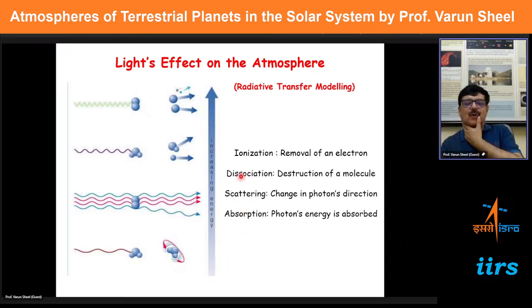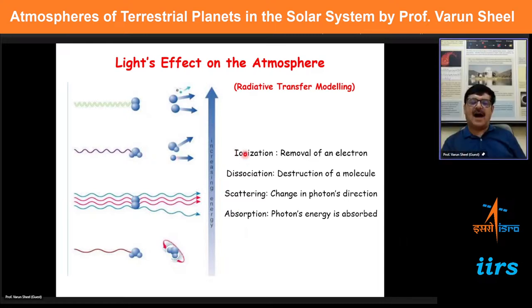And then slowly to the other end, if it has very high energy, the species will be ionized. So these are the four processes which dominate in the atmosphere of any planet when solar radiation interacts. Either it can be absorbed, or it can be scattered, or it would dissociate the molecules themselves, and that will disturb the chemistry of that region.